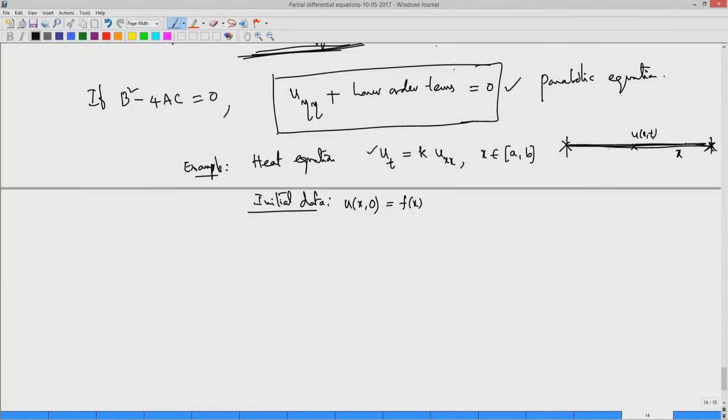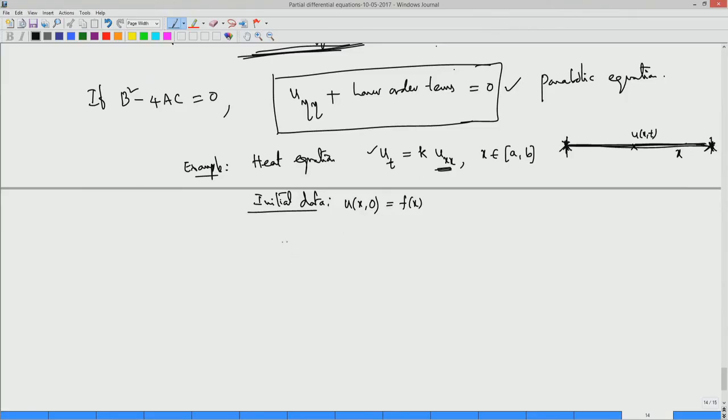You should also provide boundary data for all times, because it has two derivatives in x. You obviously have two boundary points, so you should provide data here.